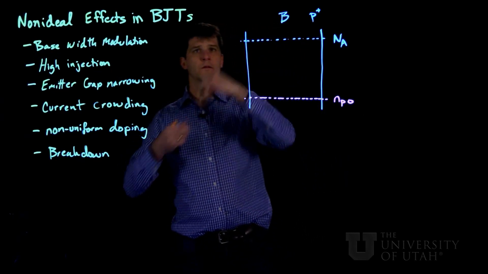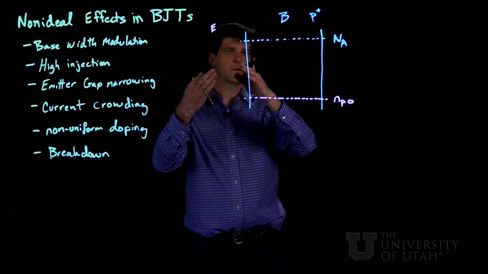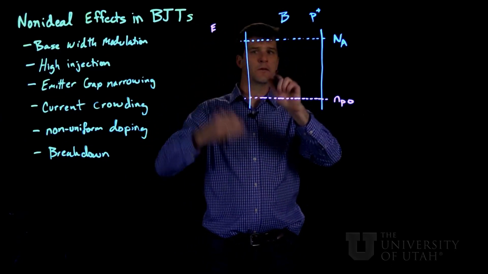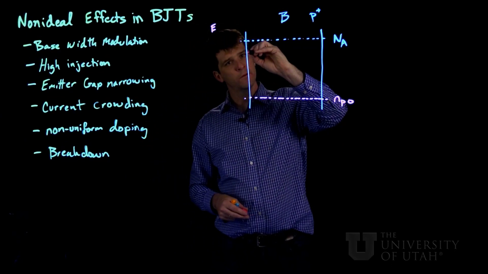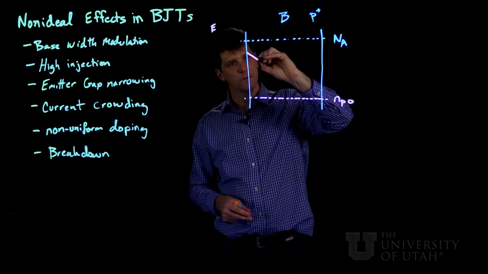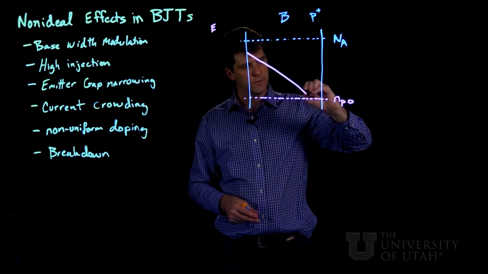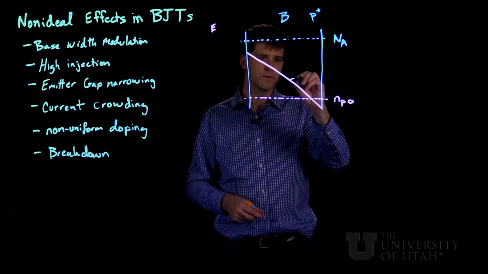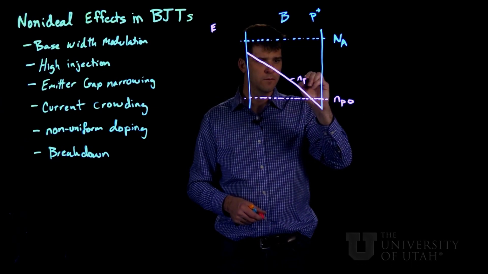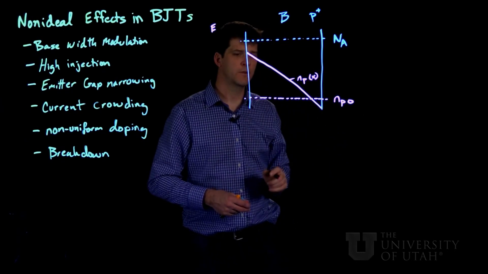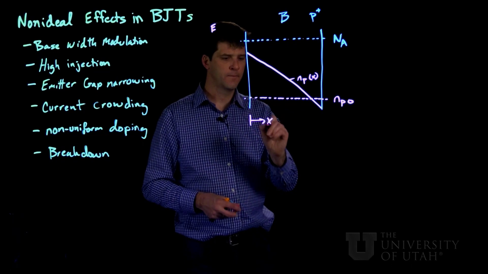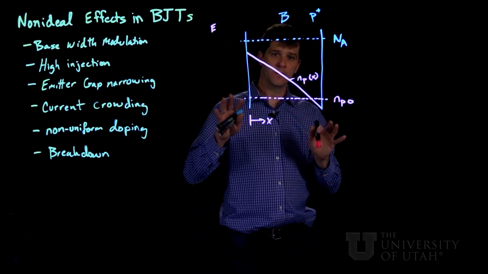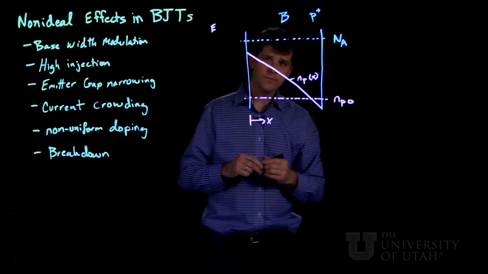Now, because our emitter is over here and we're injecting electrons into this region, we develop this slope to the n_p of x. So this is what it looks like in low injection.